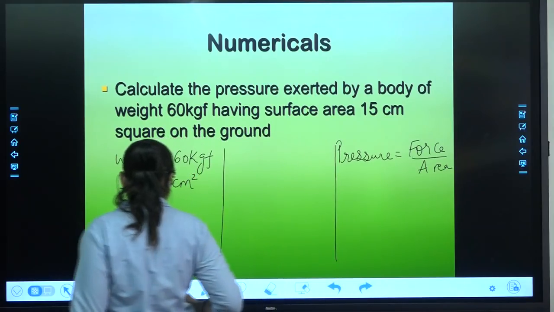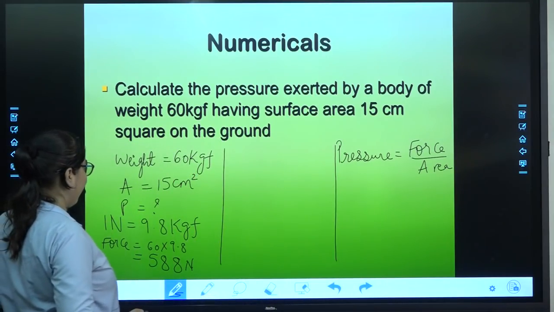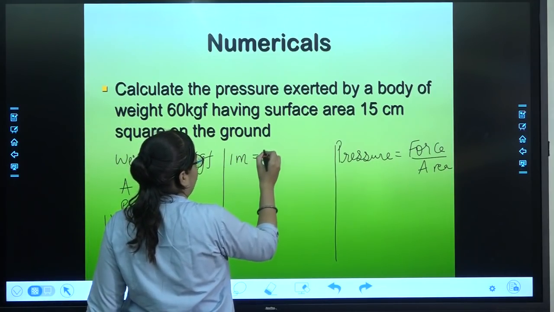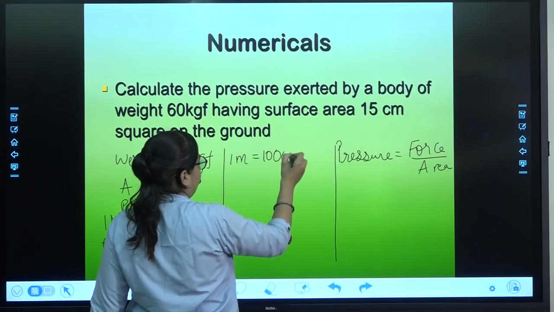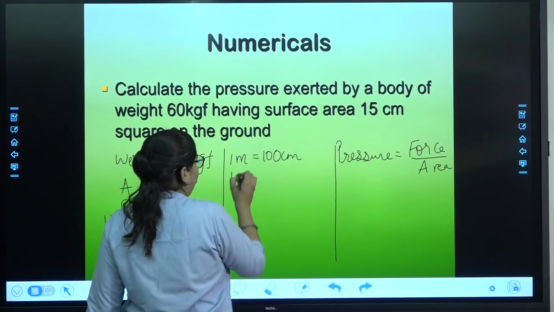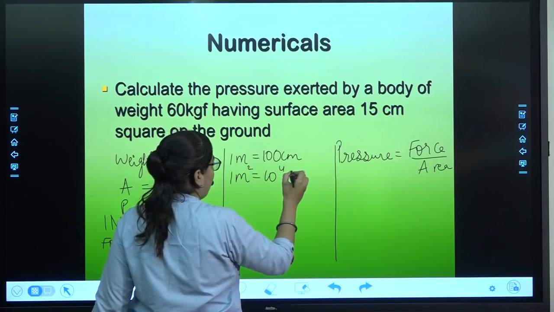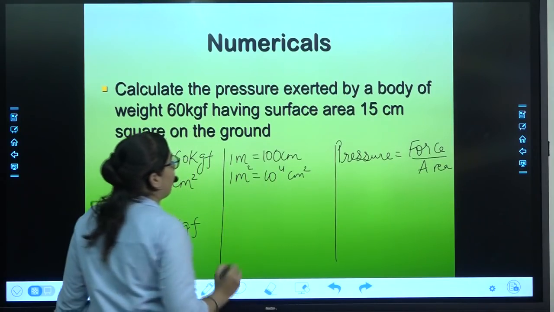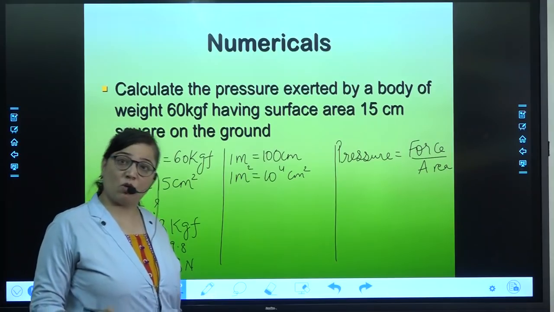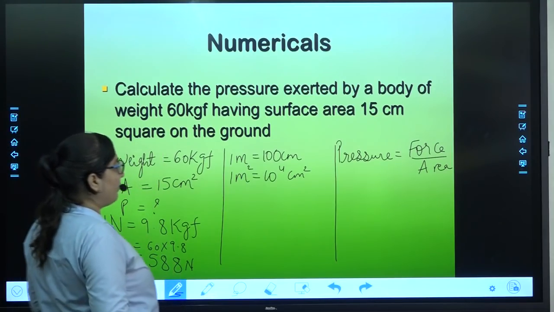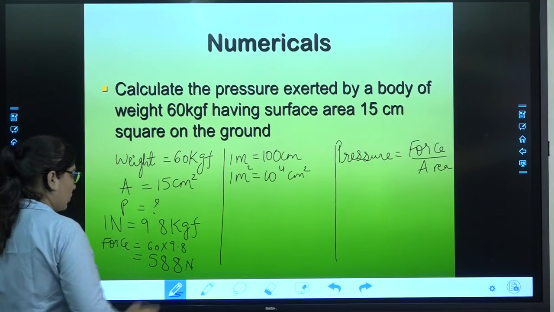Now next, area. You know 1 meter is 100 centimeter. So 1 meter square will be 10 raised to 4 centimeter square, 100 into 100. So how many zeros? 4 zeros. So 1 meter square is 10 raised to 4 centimeter square.